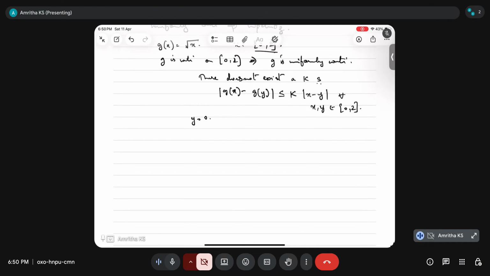Then g of x is just root of x. So we need this to be less than or equal to k times mod x, right? Is this true for some k?